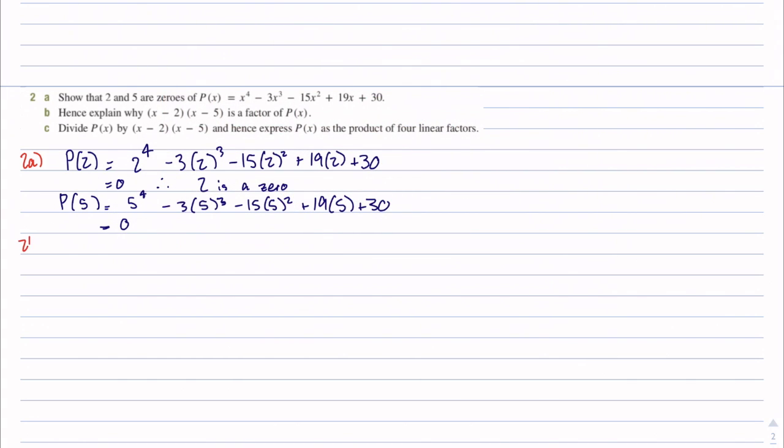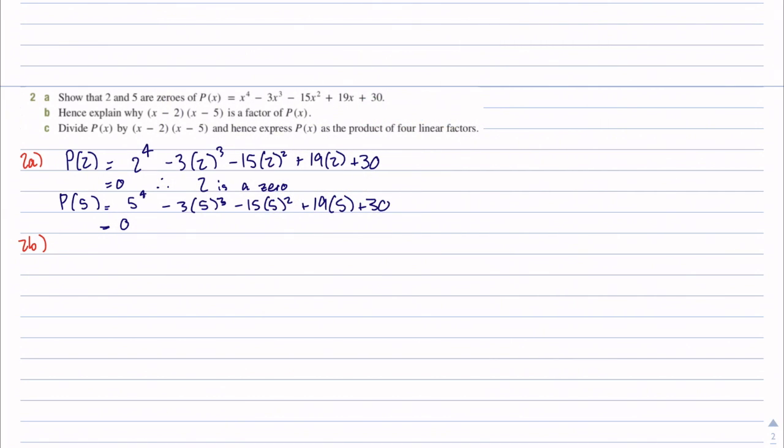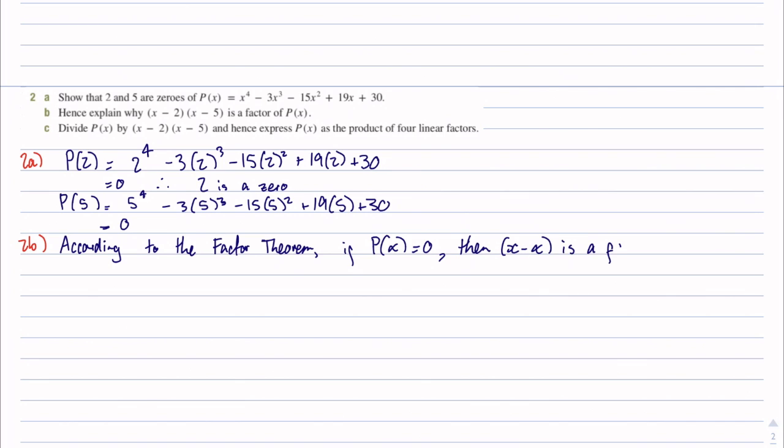2b. Hence explain why those are a factor. So according to the factor theorem, which we learnt last week, if p of alpha equals 0, then x take alpha is a factor.